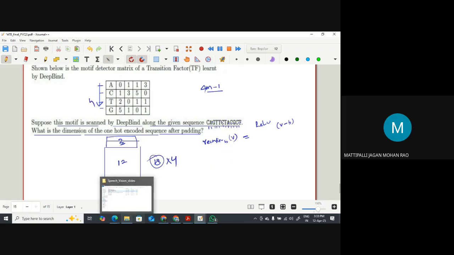So, for example, V equal to 15 and B equal to 10. If it is ReLU 5 it will be 5, but in the graded assignment or practice assignment, I don't remember, the answer was given as 15.